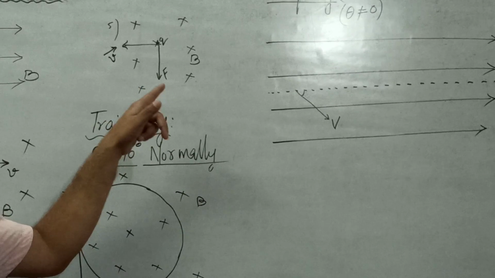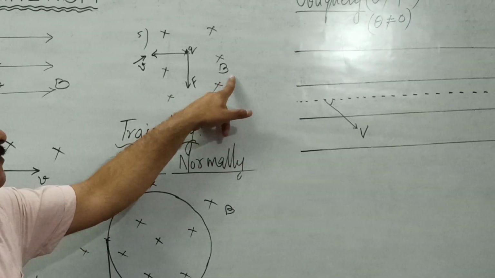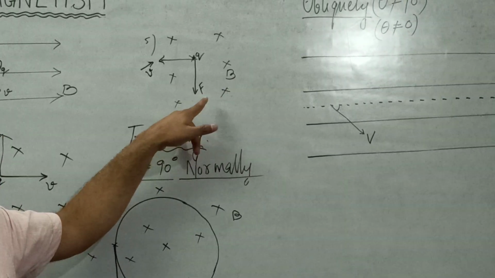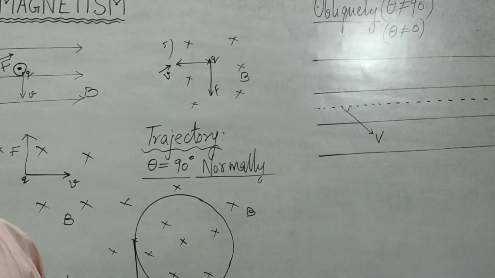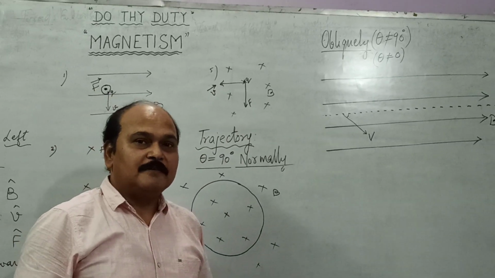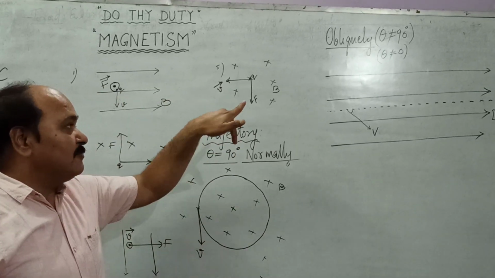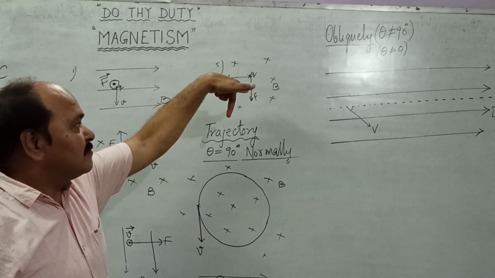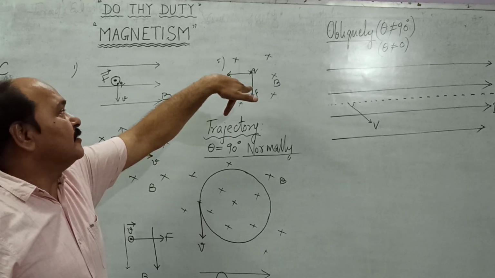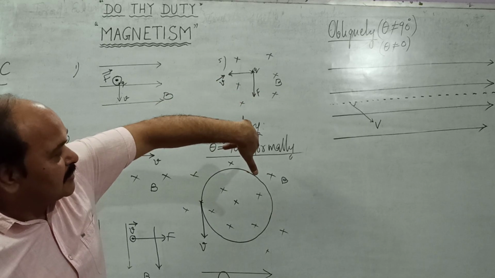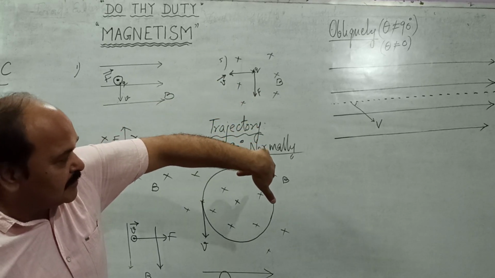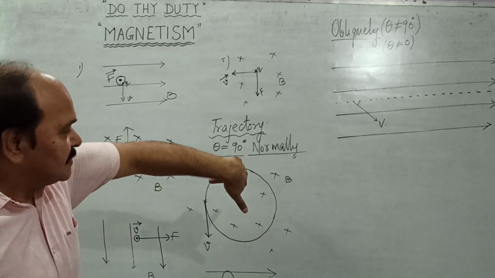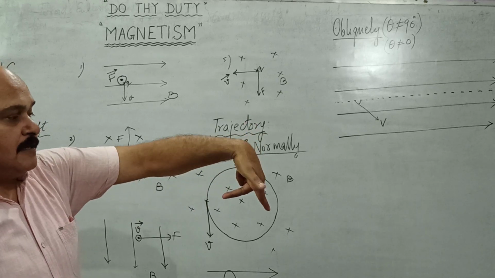See, in this example, the magnetic field and force are given, and we are finding out the direction of velocity. The magnetic field is cross, perpendicular inward, and the force is like this.